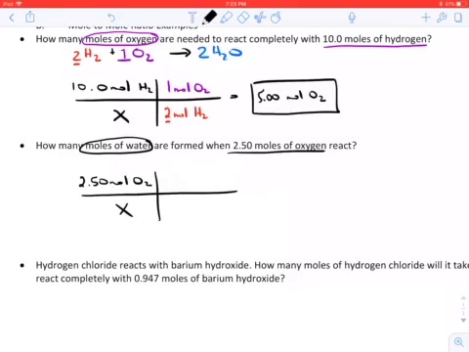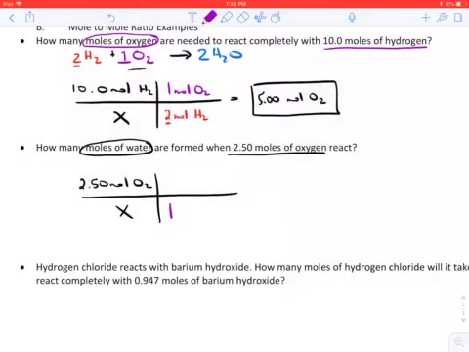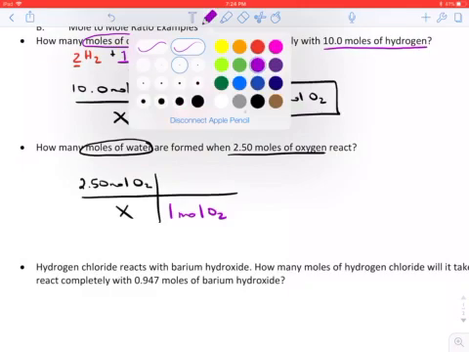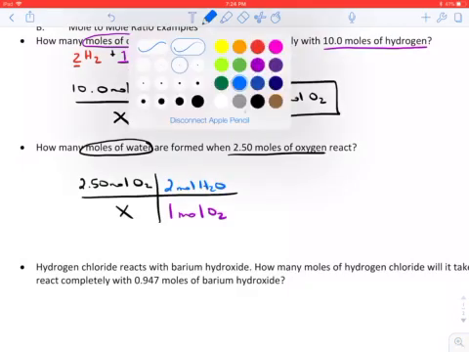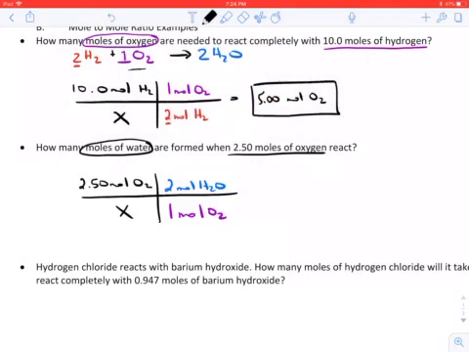Oxygen in our balanced chemical equation is right there in purple, and for every mole of oxygen, we are going to form 2 moles of water. When we do our calculation, we multiply across the top and divide by what's on the bottom: 2.50 times 2 divided by 1 is 5.00 moles of H2O. And there you have it.